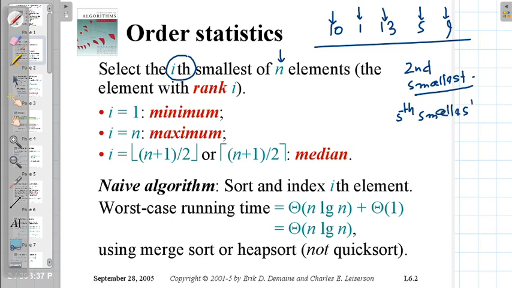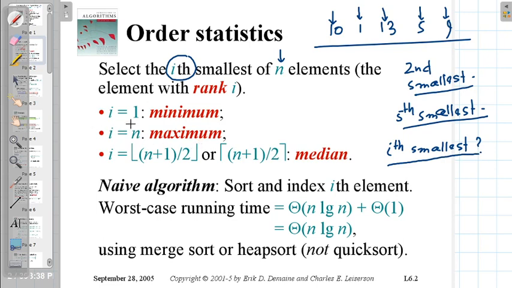So now the question is: given this unordered list, how can I find the ith smallest element from the list? That is the question. So this is the problem.